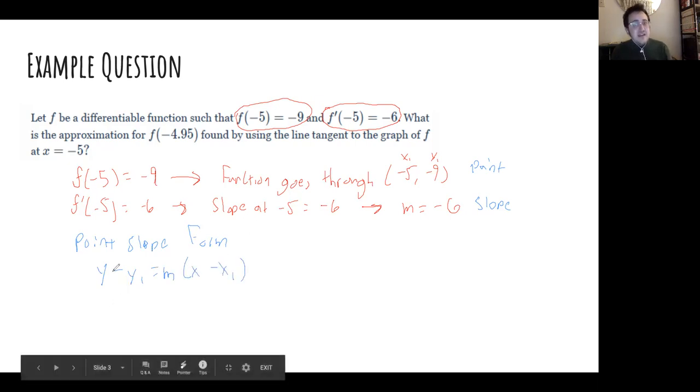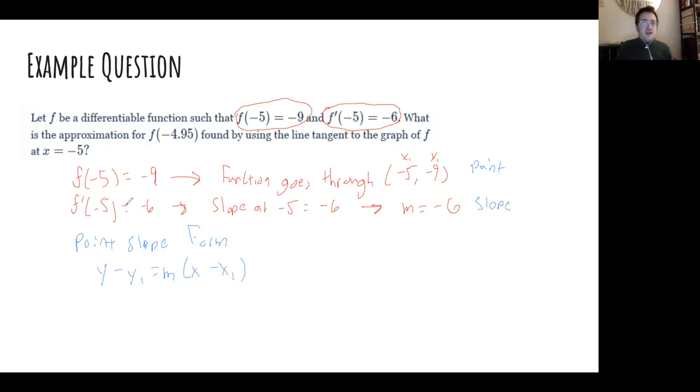And what I am shooting for is y. It's asking us, what is the linear approximation of f of -4.95? So what this is asking us essentially is, what is the y value at -4.95?